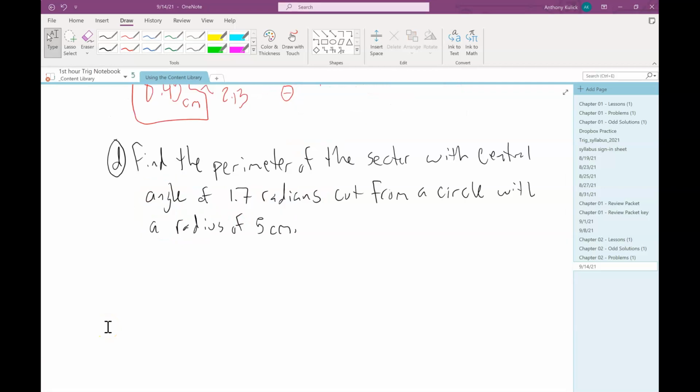Our next example says find the perimeter of a sector with a central angle of 1.7 radians cut from a circle with a radius of 5 centimeters. So let's draw a picture to represent this.